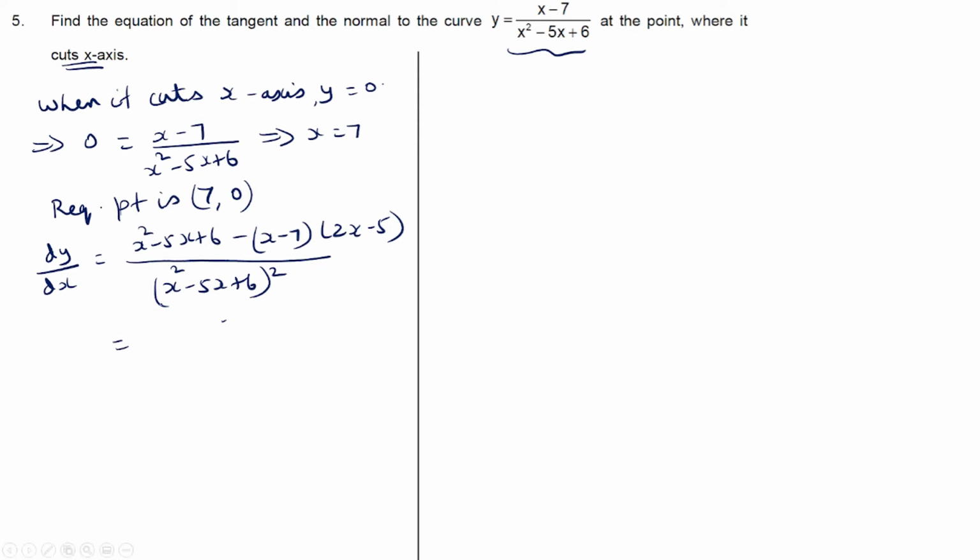So this we have x square minus 5x plus 6 minus 2x square, then plus 14x plus 5x minus 35 upon x square minus 5x plus 6 the whole square.